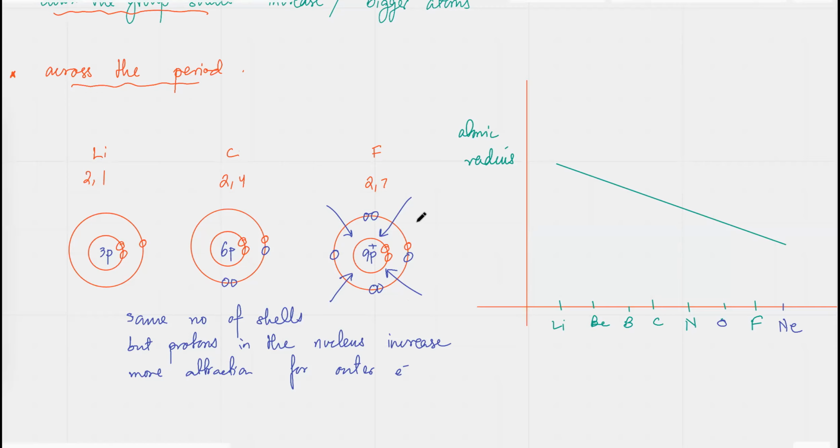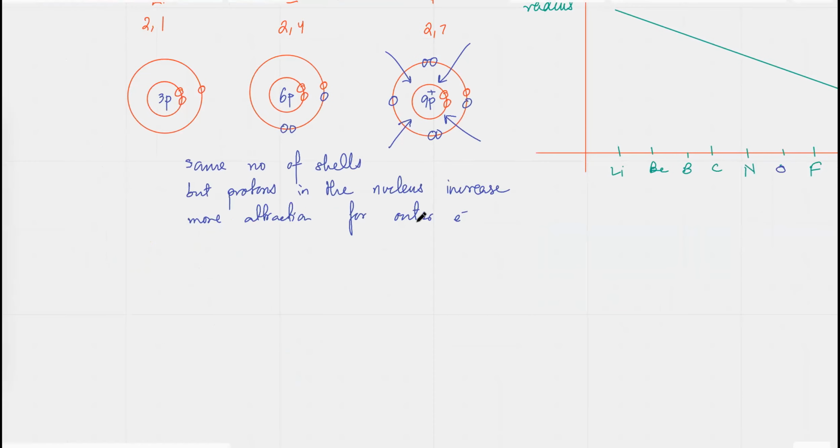That's just for simplicity. So the point is, how are atomic radiuses measured?